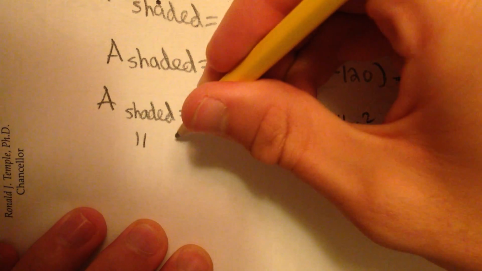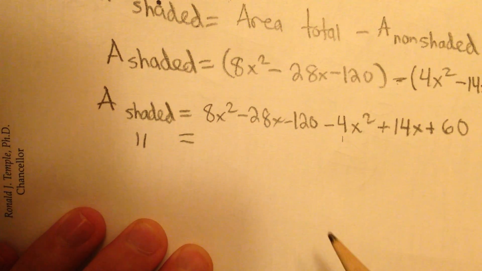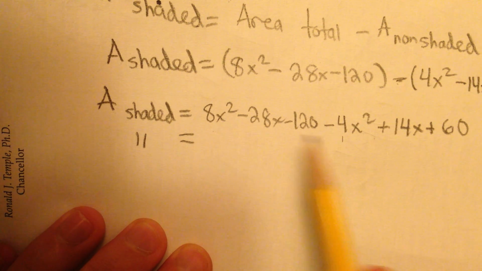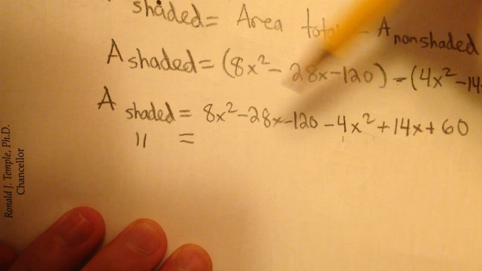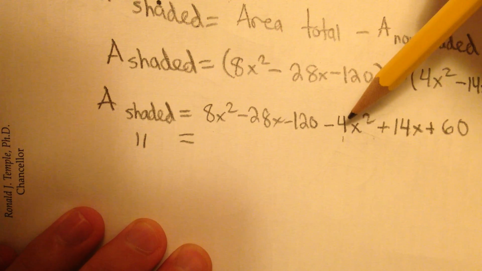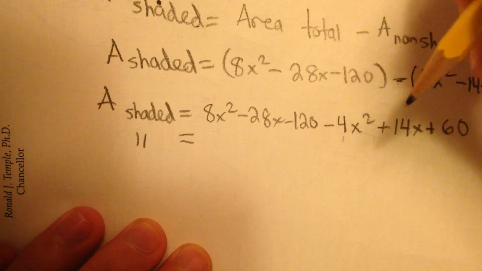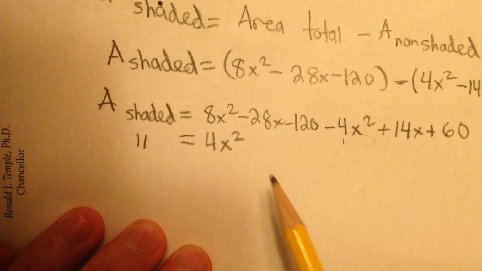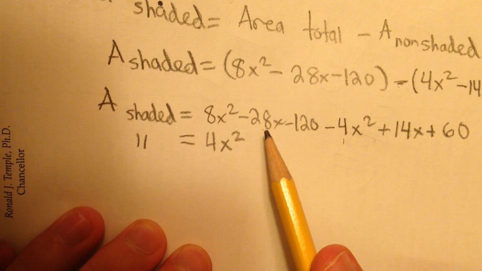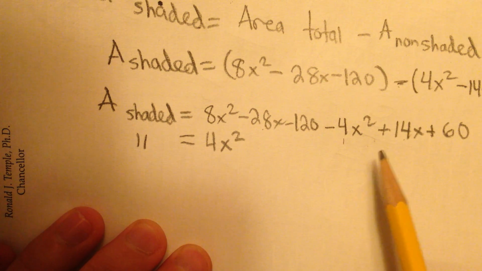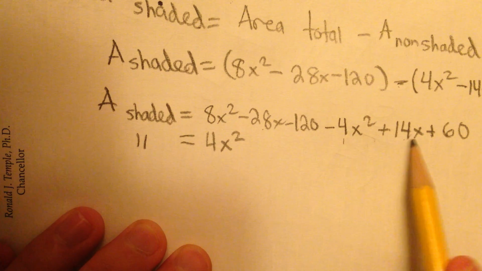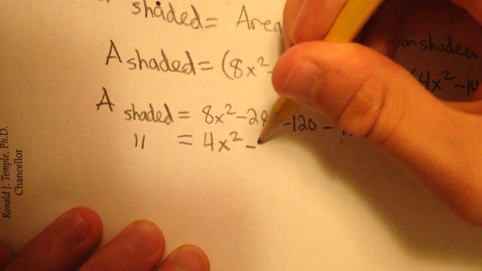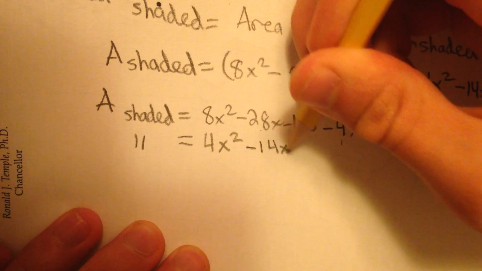Now let's simplify. Are there any x squared terms? Yes: 8x squared and negative 4x squared. Taking away 4x squared from 8x squared leaves 4x squared. Are there any x terms? We have negative 28x and positive 14x. If we combine 14 and negative 28, we get negative 14, so negative 14x.